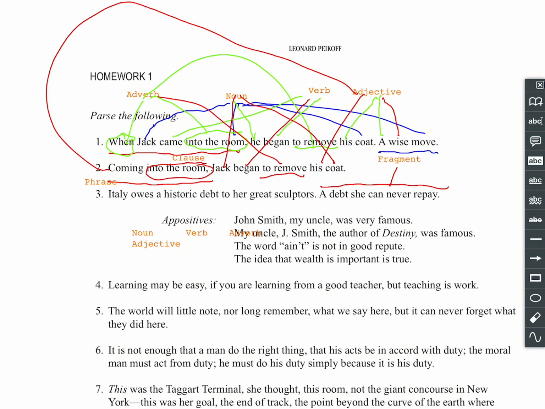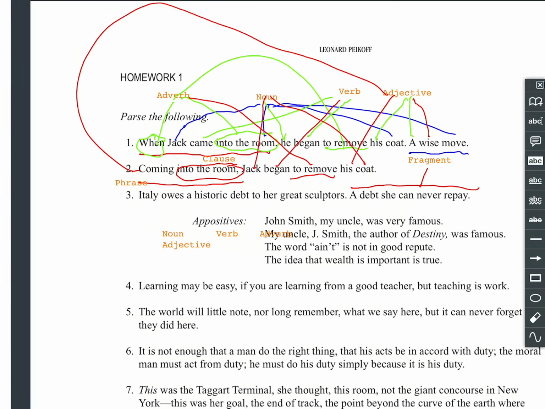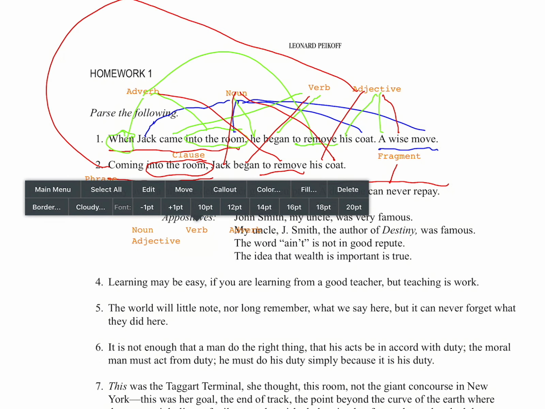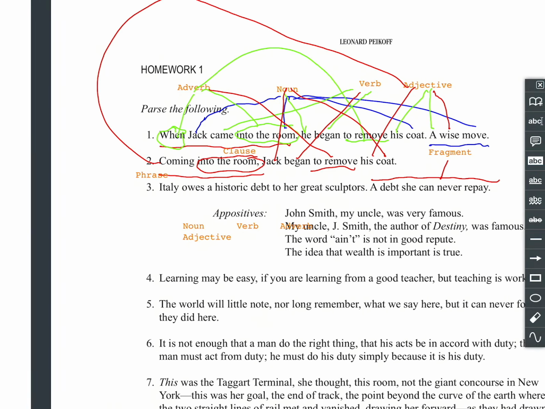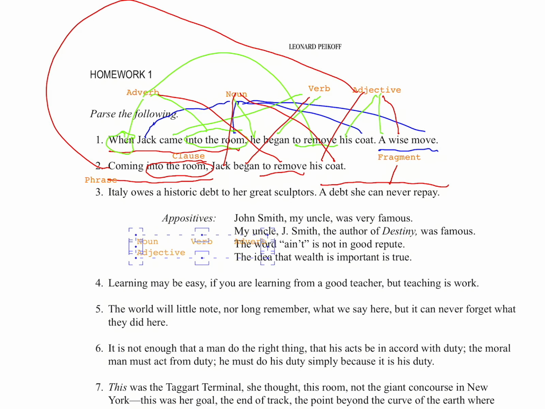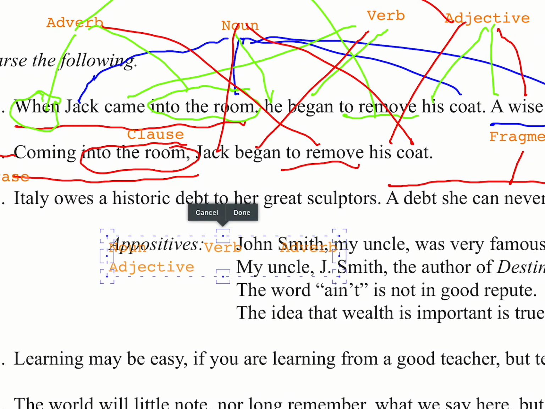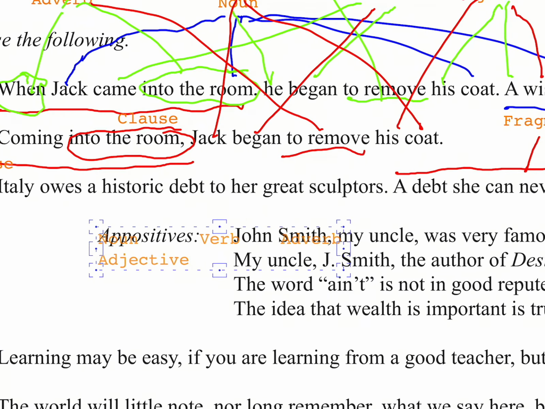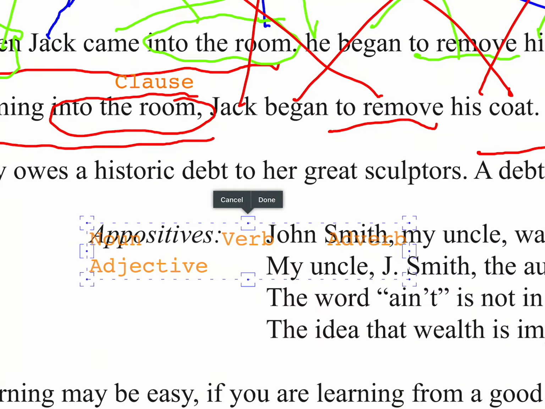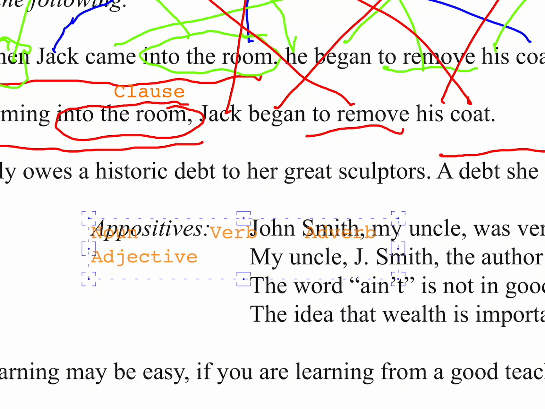Okay. Oh, it went under 2 lines. That's not good. I need to make it bigger. How do I drag it bigger? These boxes seem like they should help me. Oh, there.